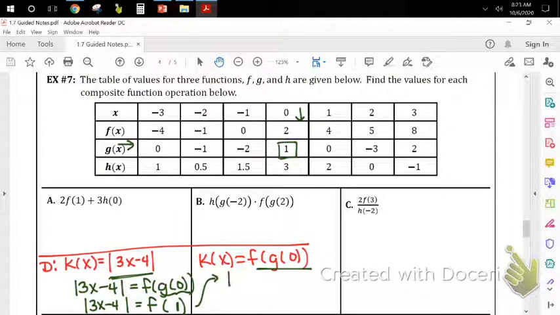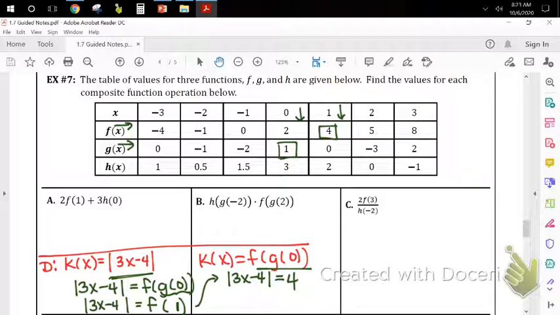Well, that means the absolute value of 3x minus 4 is equal to whatever f of 1 is. So let's go find it. So we have f of 1, which is 4. And so now we're just working an absolute value problem. And so remember, the absolute value, what's inside, could be positive or negative.